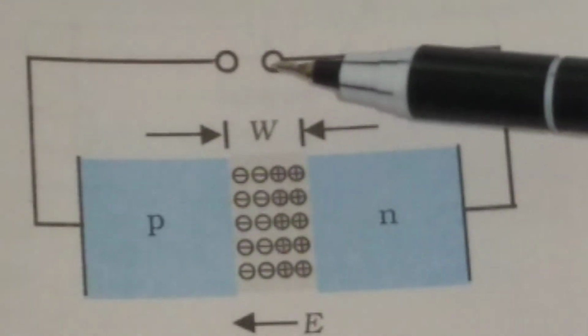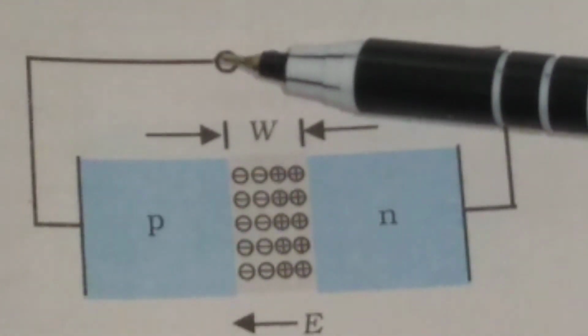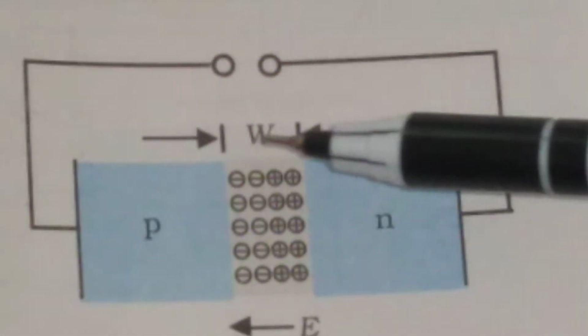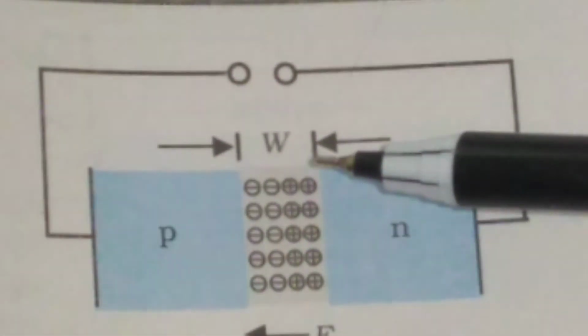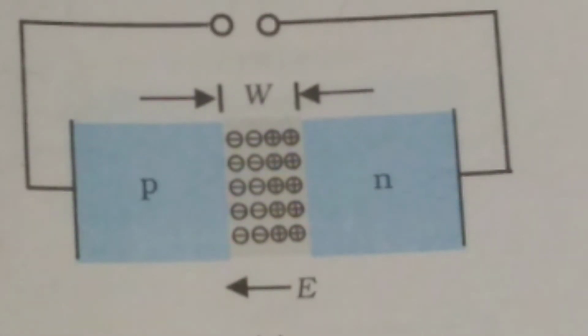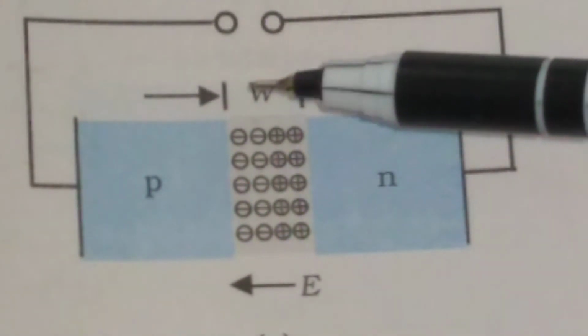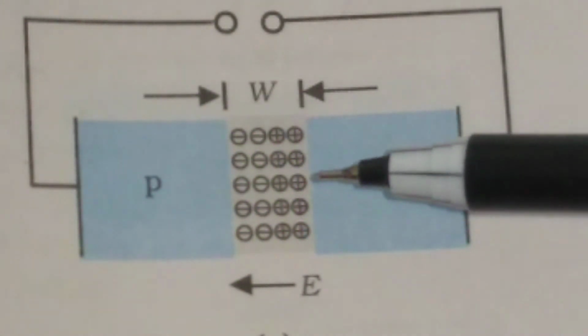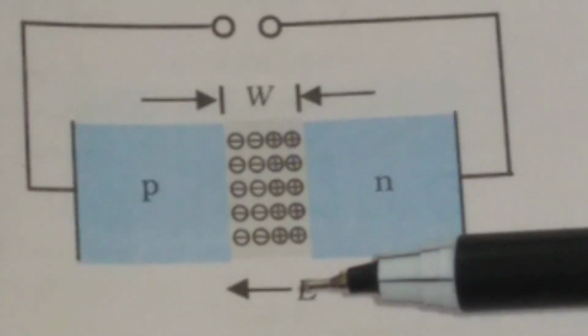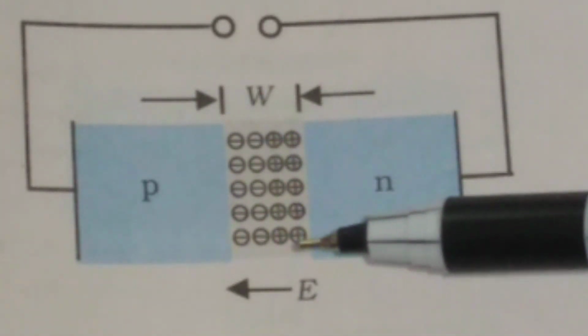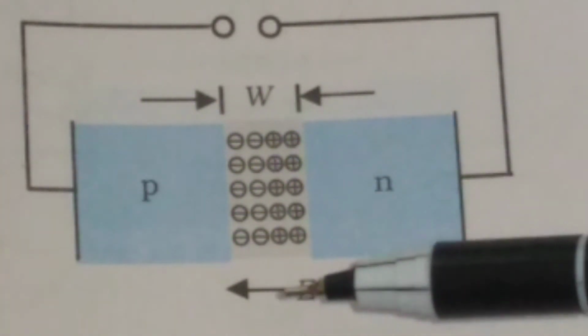So you have a potential barrier. This will be plus, this will be minus. So there will be a potential barrier at the junction, and this is the width of the potential barrier. And remember, the potential barrier opposes the further flow of electrons from n to p, and this is the direction of the field, from positive to negative.